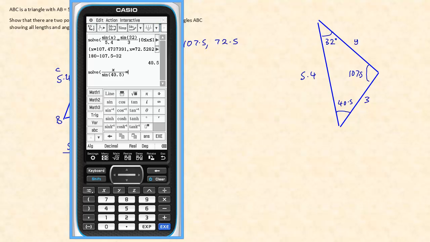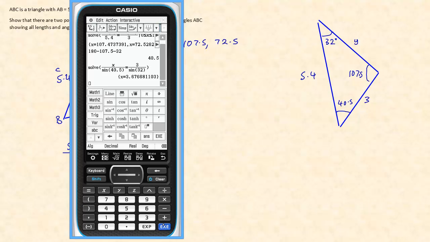and then we'll put that equal to, let's use the ones that we originally knew, that's more accurate. So that's going to be 3 over sine 32, and execute, and that gives me 3.68.